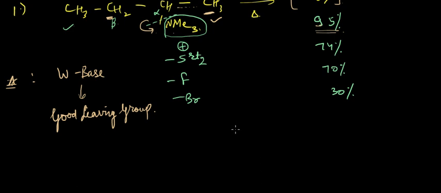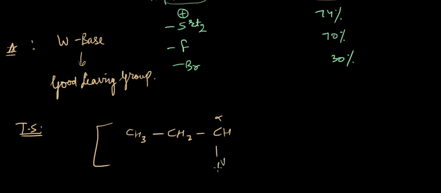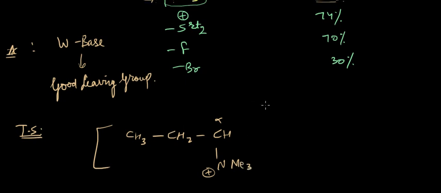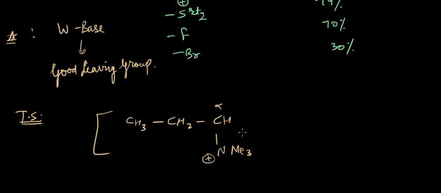So now let us see what I have talked about, the transition state. So the transition state in the above example would look similar to this. I'm marking this as the alpha position, and we have N plus Me3 here. Oh, I forgot to make N plus here. Yeah, so N plus Me3, and we have CH2 here. So what happens is this hydrogen atom will be getting detached and getting attached with the O delta minus Et.